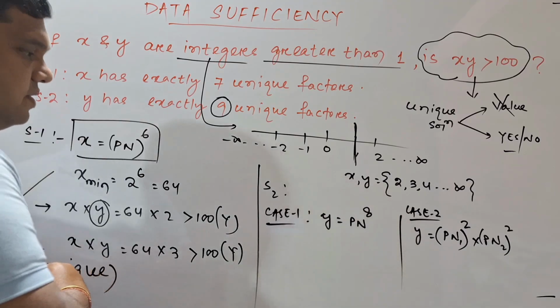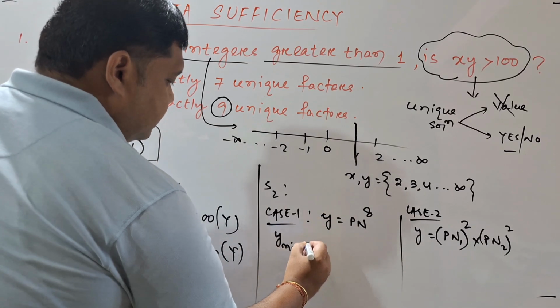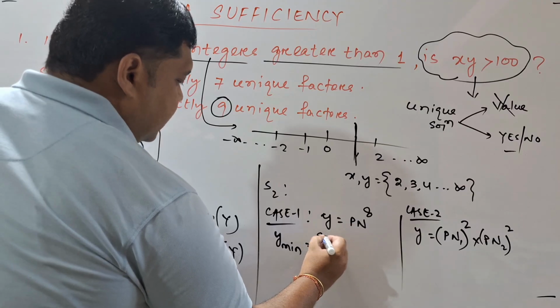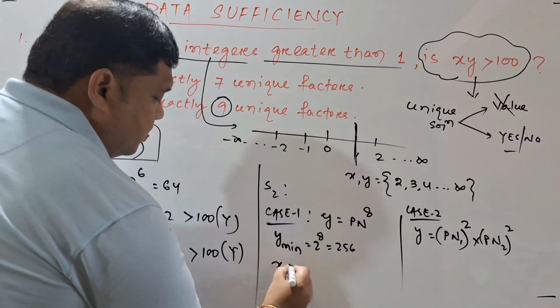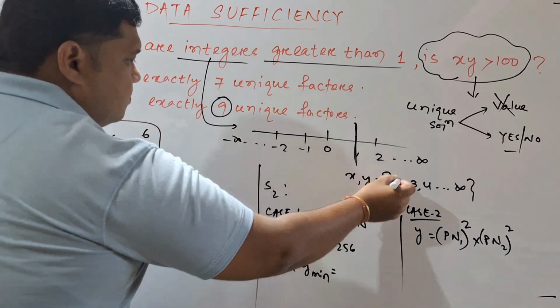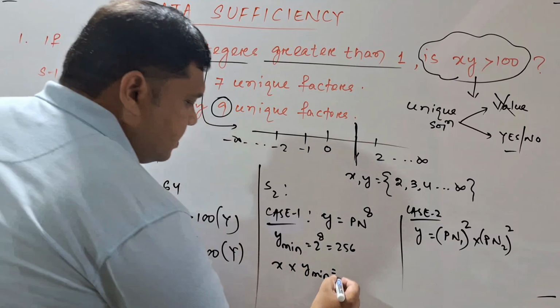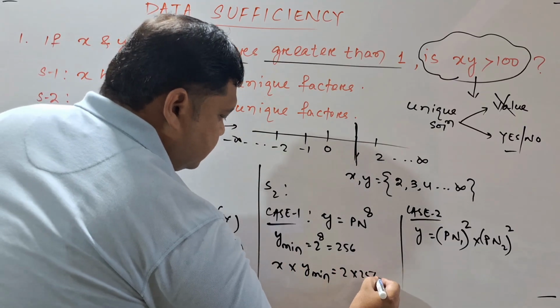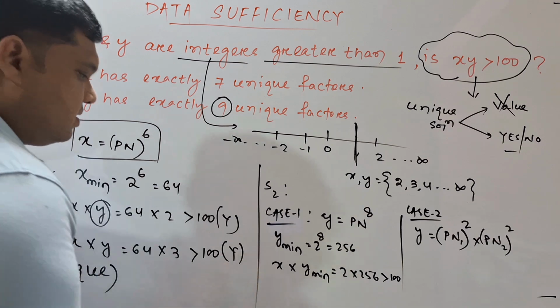Now I will check y minimum. Can I find y minimum? Just like the previous, y minimum is 2 to the power 8, that is equal to 256. Now I am going to find x into y minimum. The minimum value of x is what? 2. So 2 into 256 is 512, which is greater than 100.